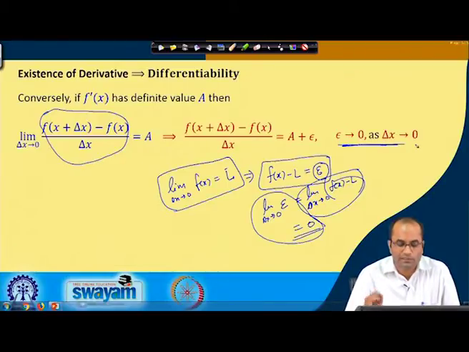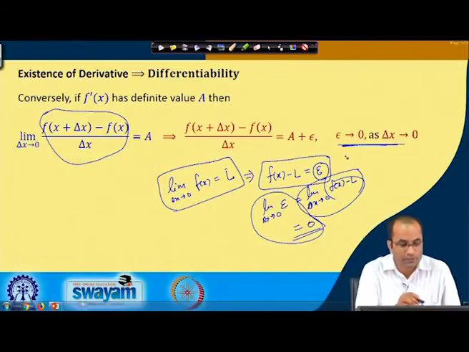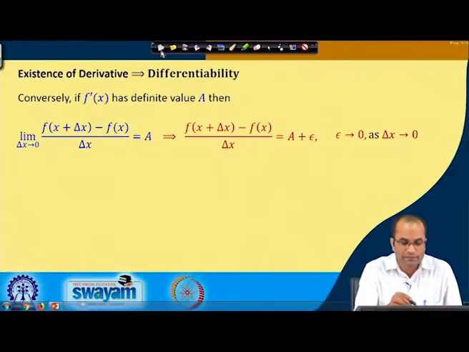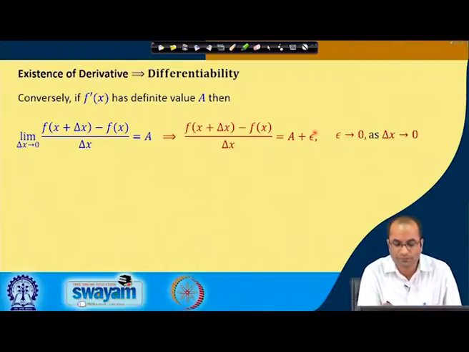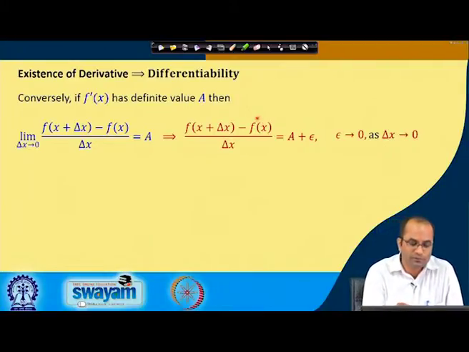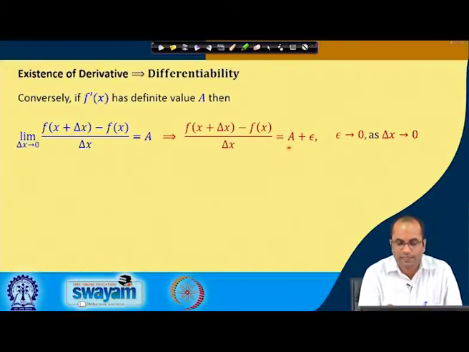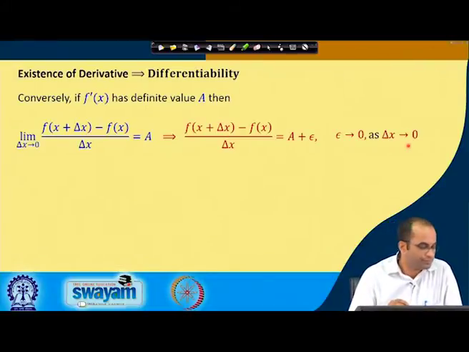This concept we will also use later on in many lectures. Out of this limit we have introduced this epsilon, which has the property that it goes to 0 as delta x goes to 0, because we know that the limit of this quotient is nothing but A. So this epsilon must be 0 as delta x goes to 0.